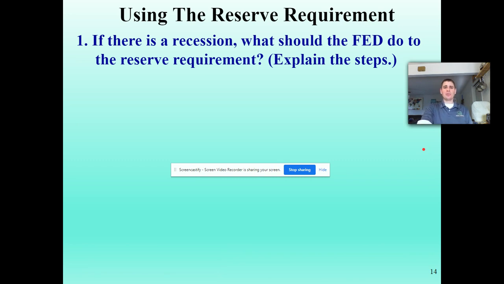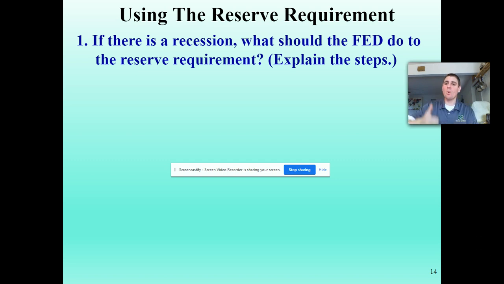So if there is a recession, okay, think about it in terms of aggregate demand, aggregate supply. If we're in a recession, our equilibrium is to the left or to the right of the LRAS? Well, it's to the left. Well, if it's to the left of the LRAS, to get back to full employment, we would want aggregate demand to shift to the right. In order to get aggregate demand to shift to the right, we would want more or less spending?